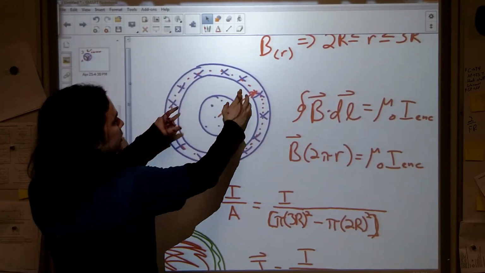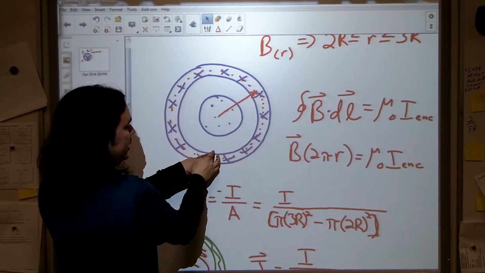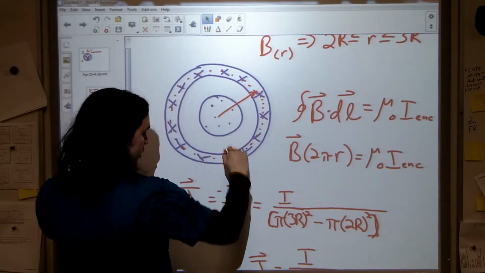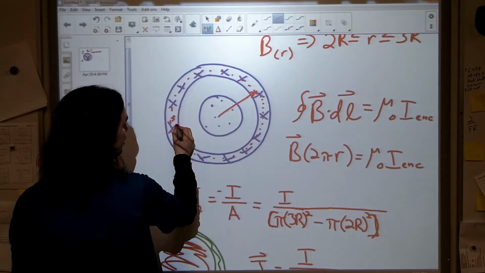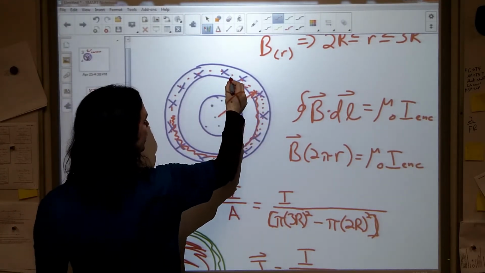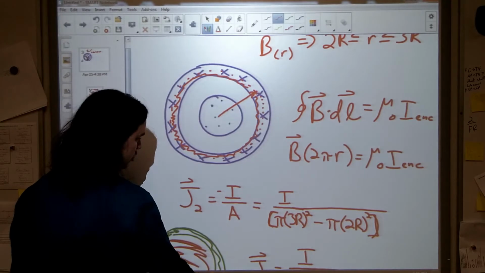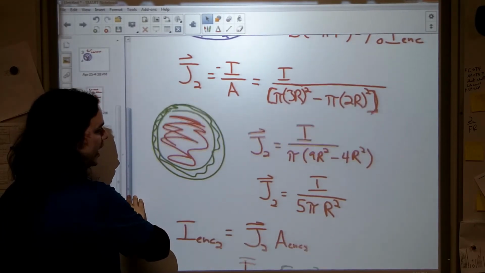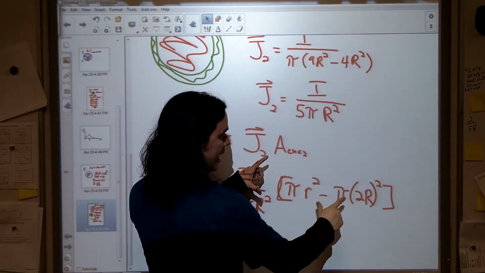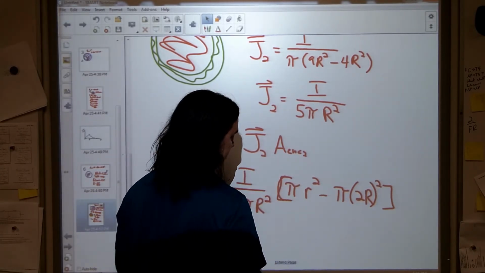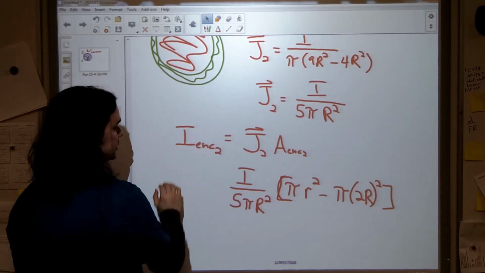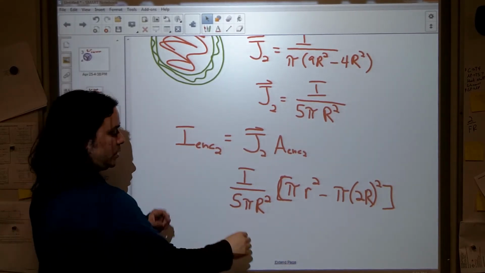The inner shell here, where it starts bringing current in, is at 2r, and we're looking for the amount that we have enclosed, which is going to go out to our Amperian ring from the 2r. So I have my outer area be that of the Amperian ring, and the inner area to be the inside edge where the current starts coming in. All right. This is the current enclosed in the second wire.